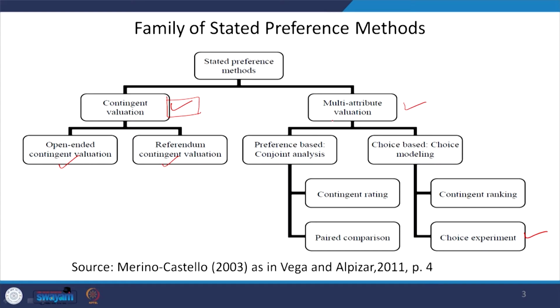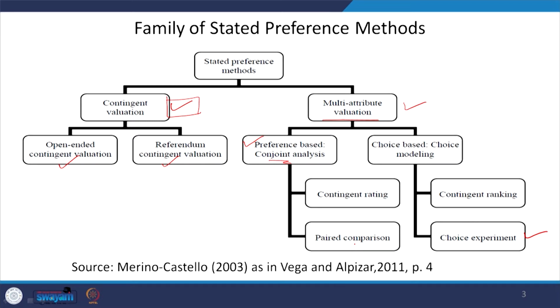And under these multiple attribute valuations, it is again divided into two parts. One is the preference based conjoint analysis and the second one is the choice based choice modeling. The preference based conjoint analysis is divided into two different methods: one is the contingent rating and the second is paired comparisons.